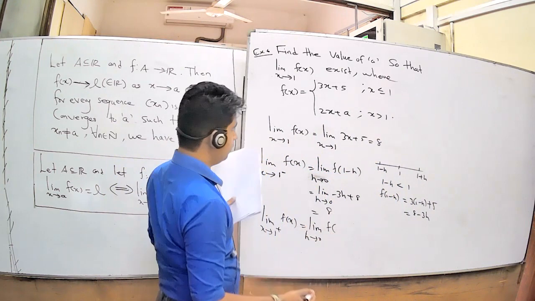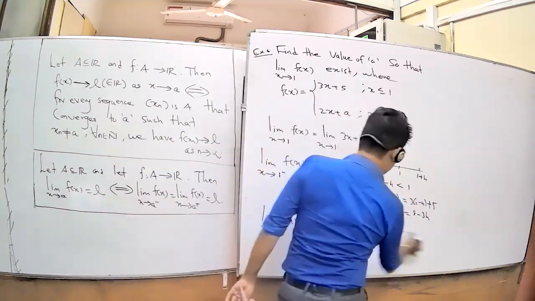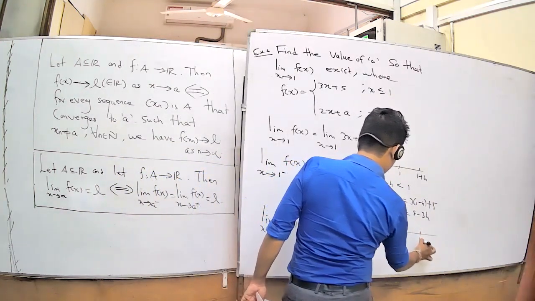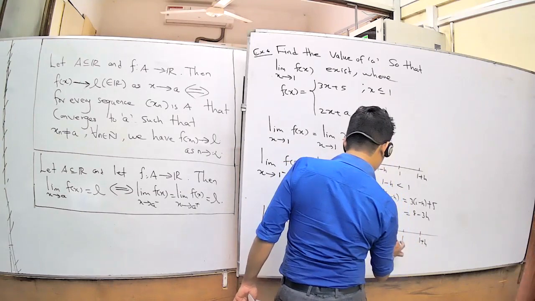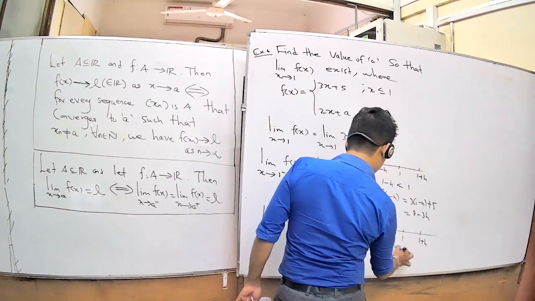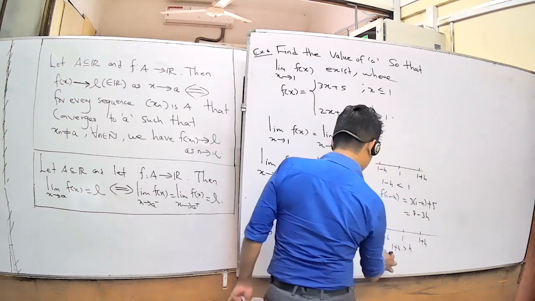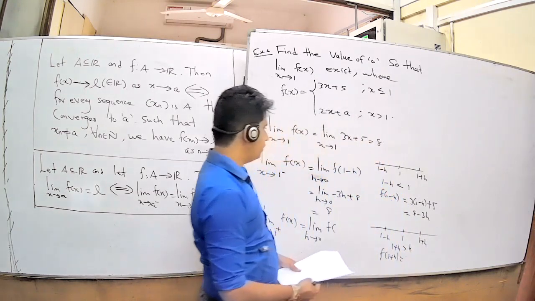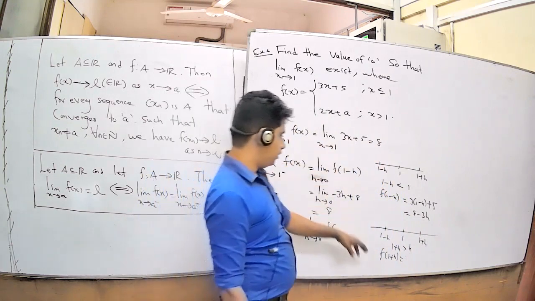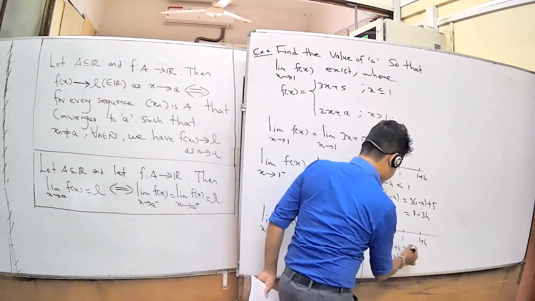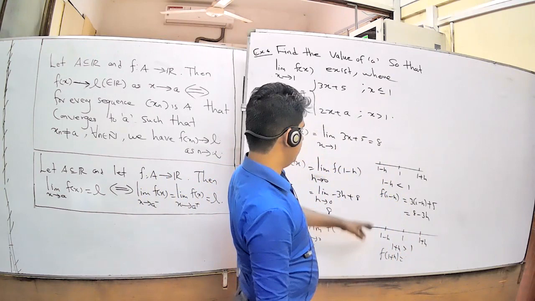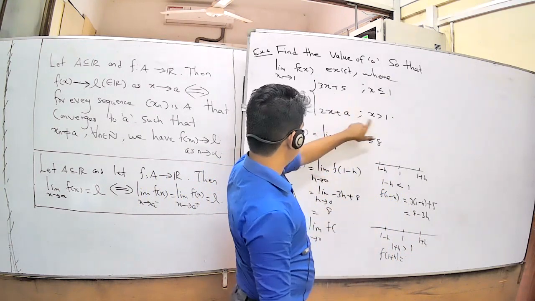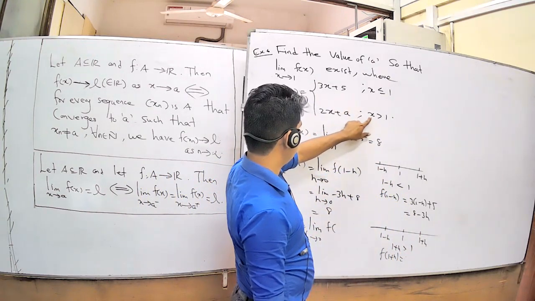Here for a right limit, your 1 is there, 1 plus h is there, 1 minus h is there, obviously 1 plus h is greater than 1. Therefore, the value here is for 1 plus h, greater than 1.